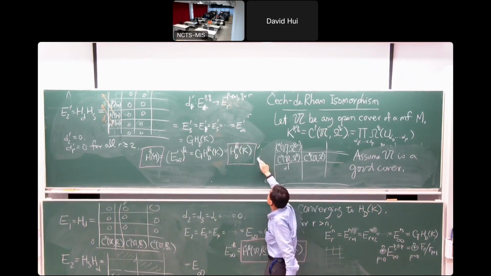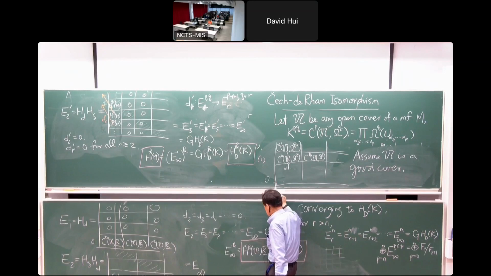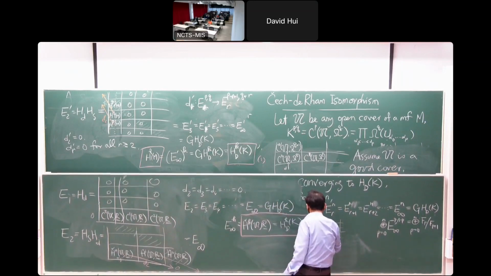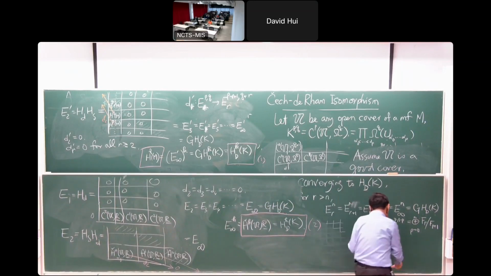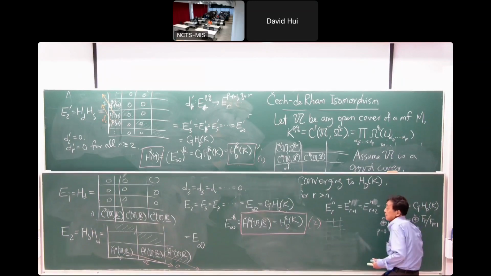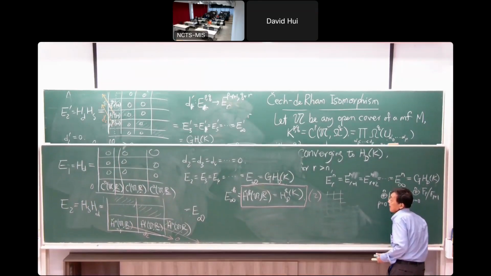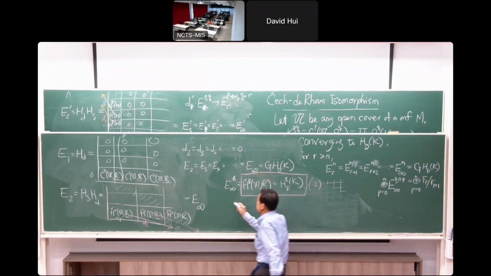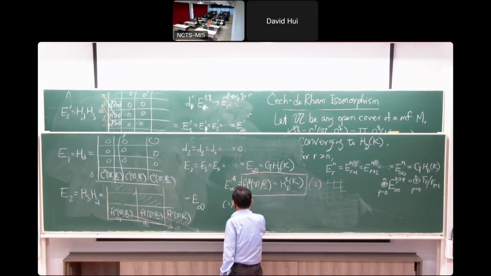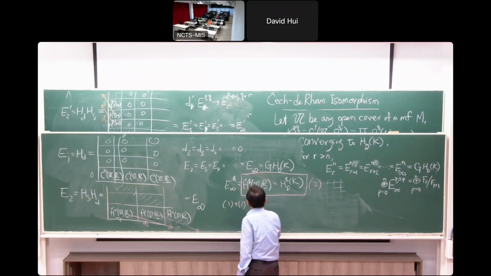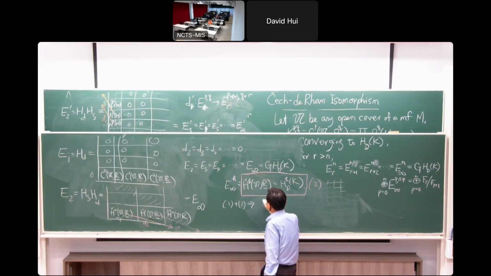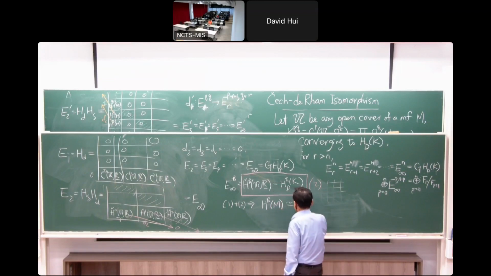And these two statements then give you the Čech-de Rham isomorphism. So 1 plus 2 implies that the de Rham cohomology is isomorphic to the Čech cohomology.